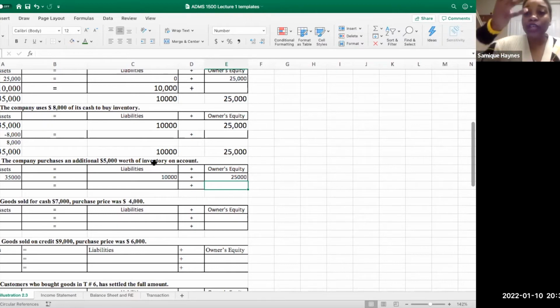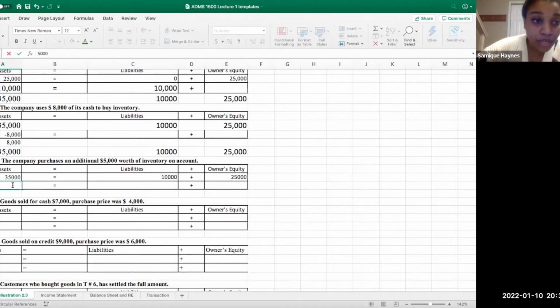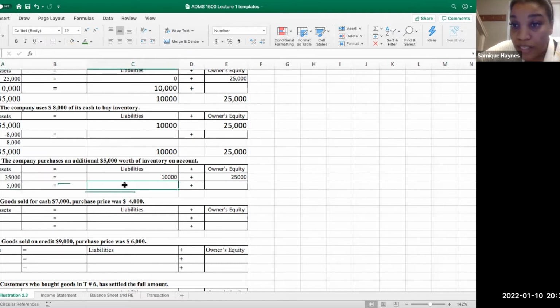So inventory goes up, but liabilities also goes up. Thank you, Steve, that's right. So inventory is going to go up by $5,000, and liabilities is also going to go up by $5,000.